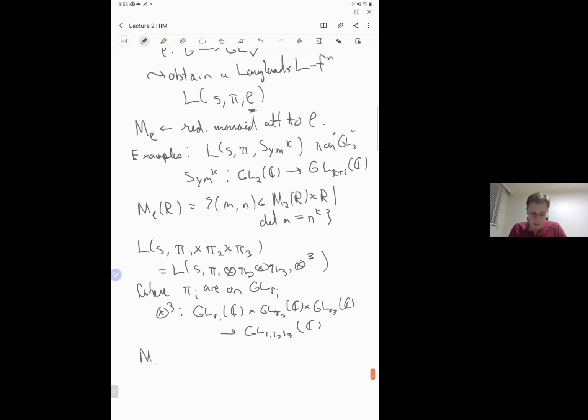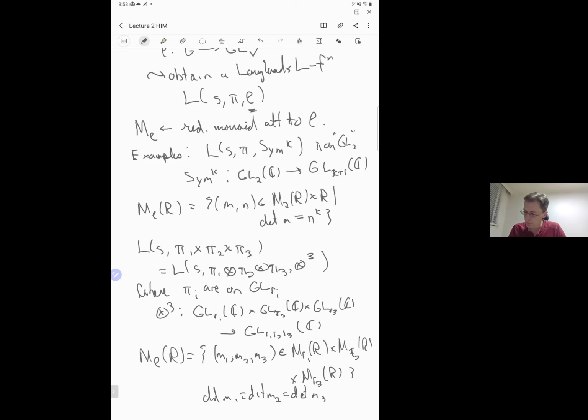And in this case, your reductive monoid is just what you think it should be. It's (M_1, M_2, M_3) in M_{R_1}(R) cross M_{R_2}(R) cross M_{R_3}(R), such that their determinants are all equal.